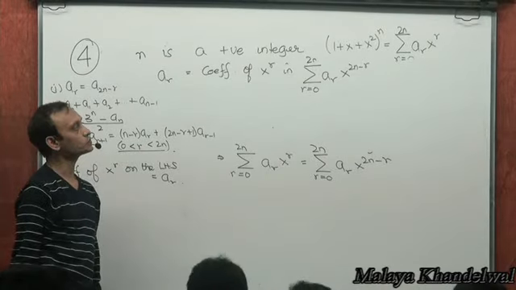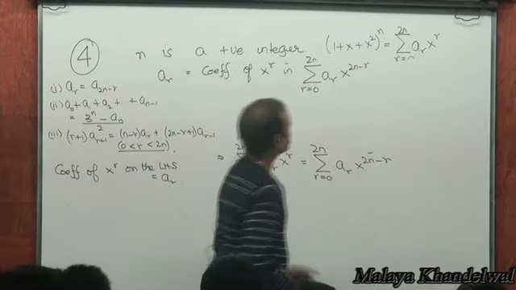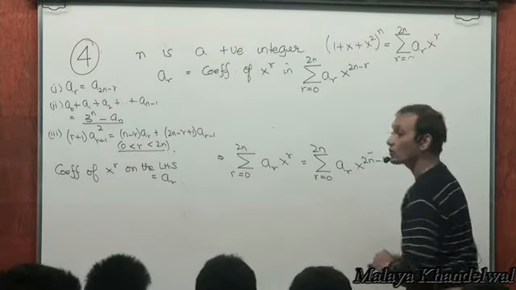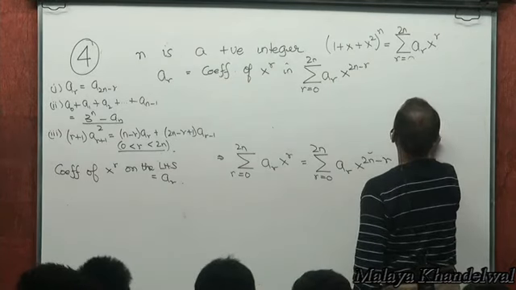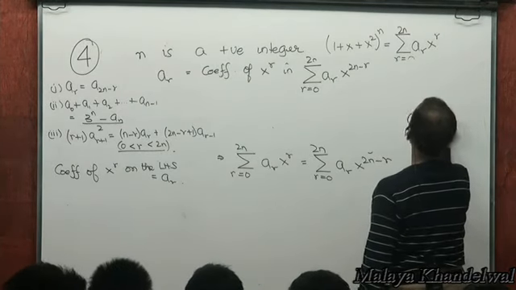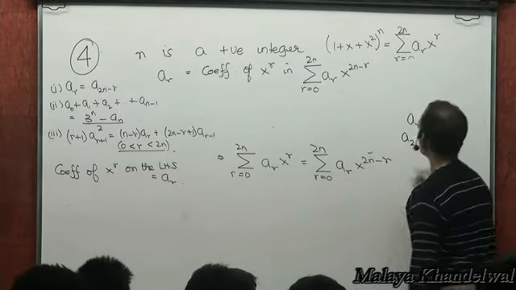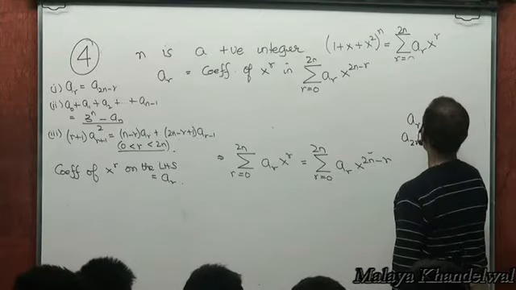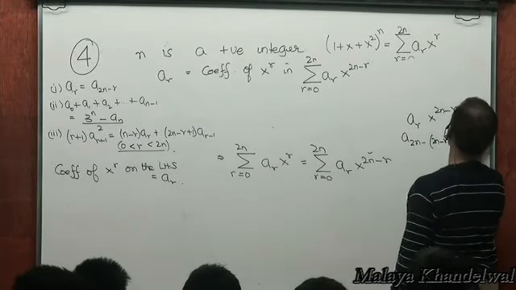Yes or no? Now, do you realize that ar x to power 2n minus r is actually a 2n minus r x to power 2n minus r? Yes or no?